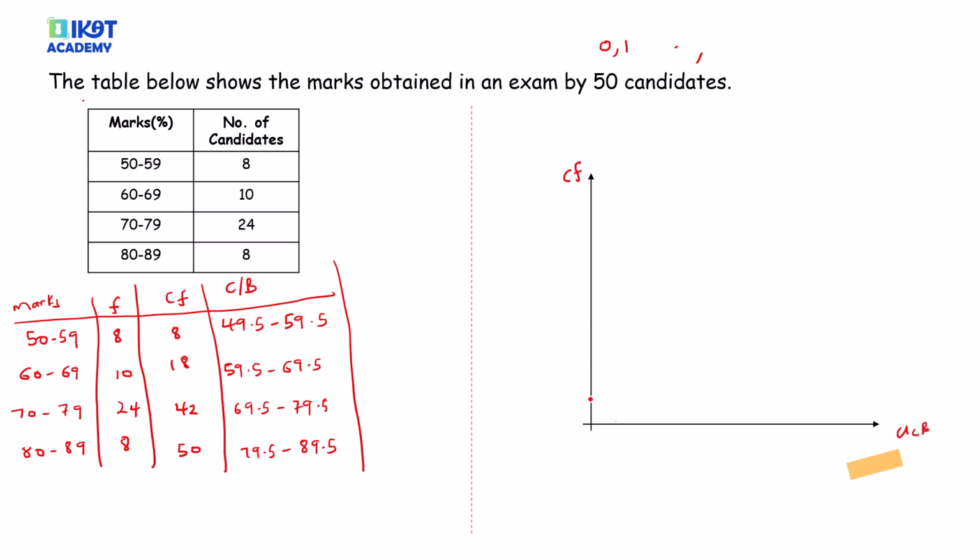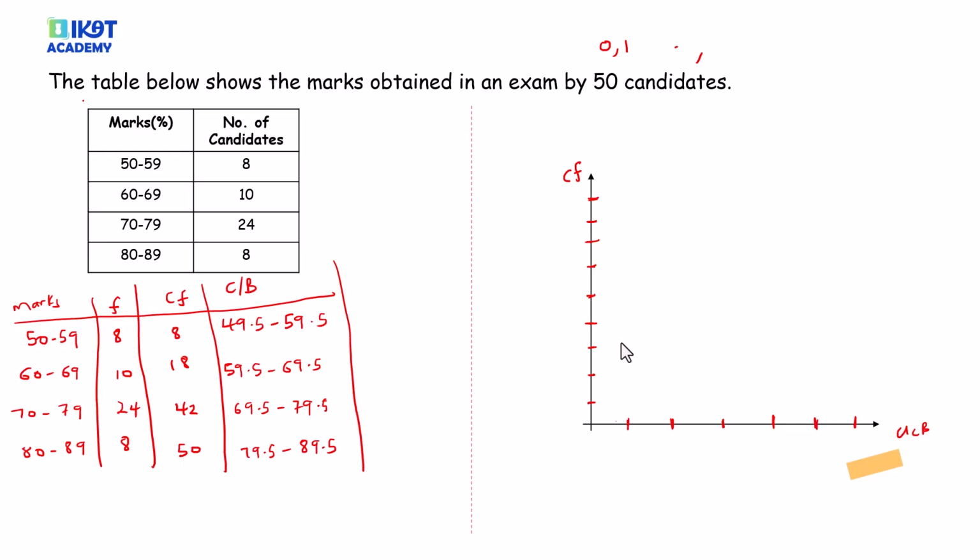So we have calibrations: 1, 2, 3, 4, 5, 6, 7, 8, 9. Then here we can say we have 1, 2, 3, 4, 5, maybe 6.